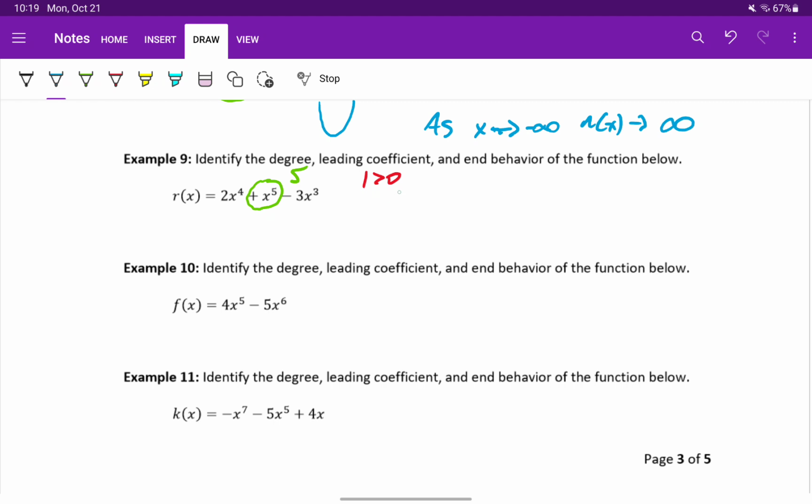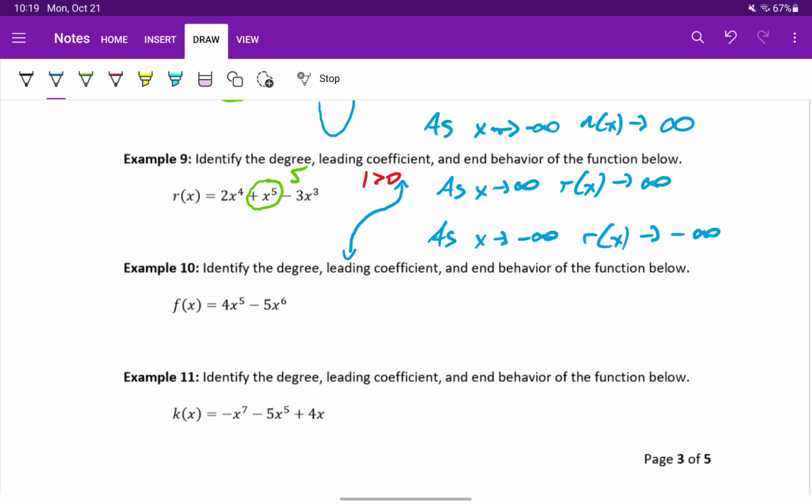Since we have an odd degree and a positive value for a, we're going to have a curve that looks like this, headed in opposite directions. That tells us that as x is approaching positive infinity, r of x will be approaching positive infinity. And as x approaches negative infinity, r of x will be approaching negative infinity.